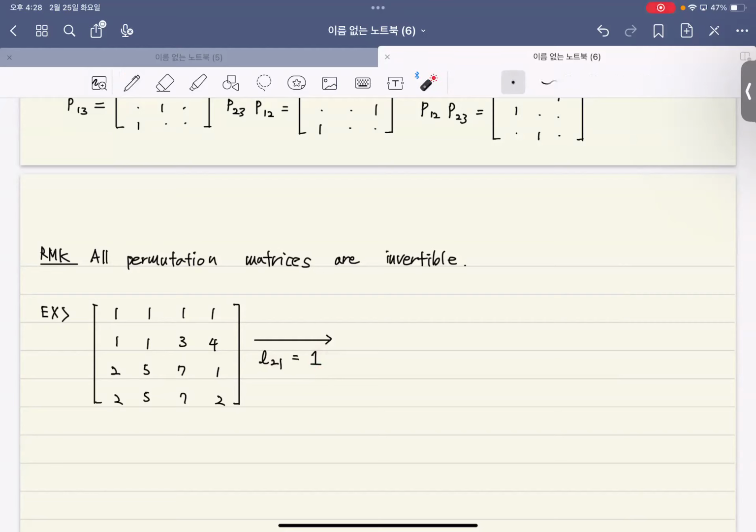These are entries that belong to the lower triangular matrix L. Now, I multiply -2 to the first row and add it to the third so that I can get rid of this one. That means L3,1 must be, did I say multiply by -2? So it has to be +2.